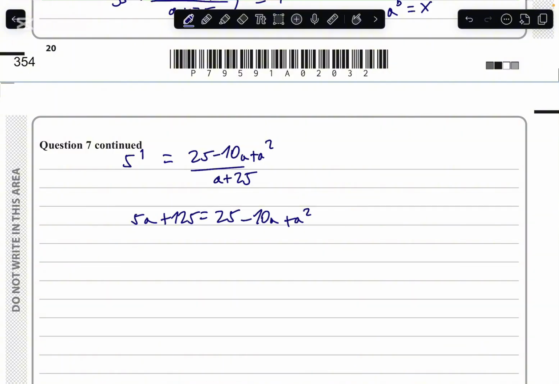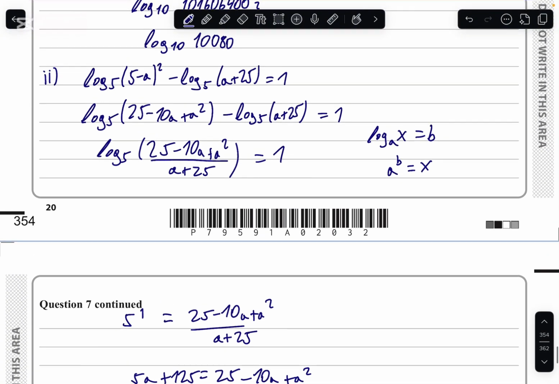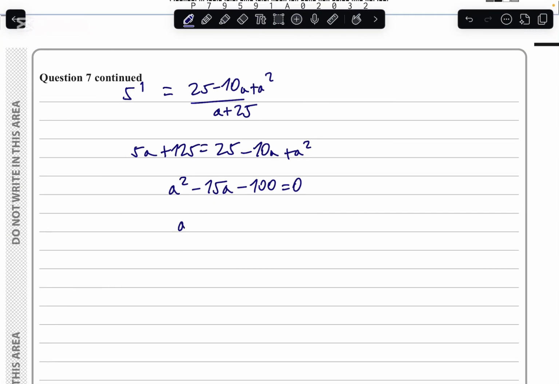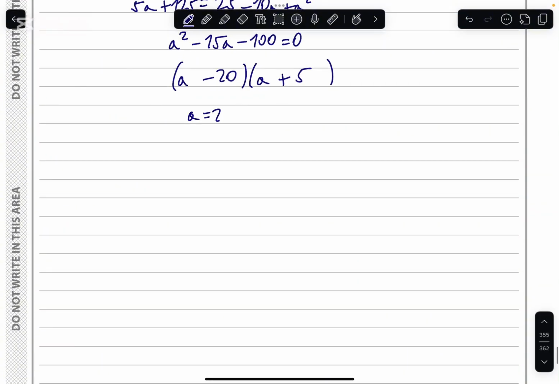And taking all that to one side, we're left with a squared minus 15a minus 100 is equal to 0. And we can just go ahead and factorize that to find the values of a. That's simple factorization. So a is equal to 20 and a is equal to minus 5.